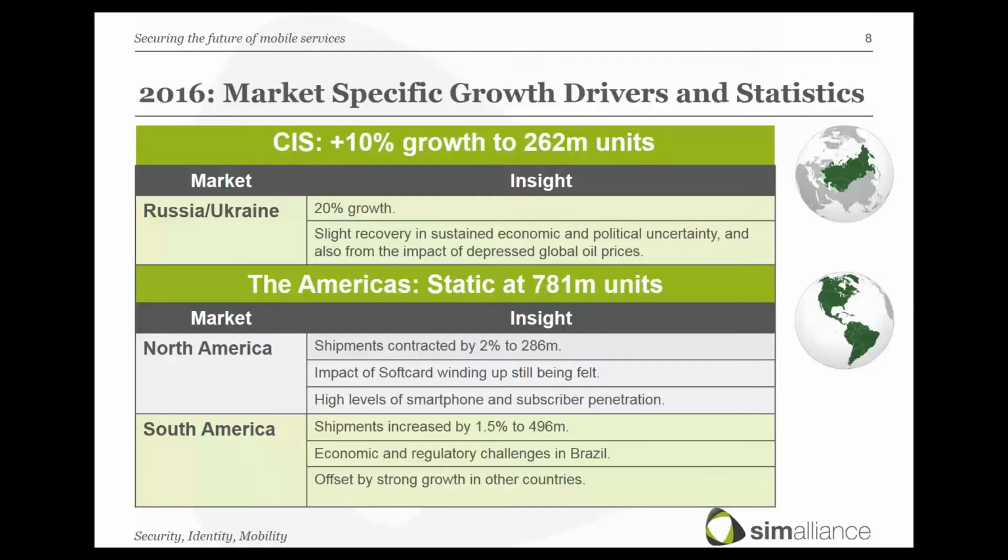And one problem child is Brazil, the economic and regulatory situation there, and the oil situation there is definitely still being a brake to the demand that could be there. But overall, America is a very reliable, stable market. So having a static 780 million units year over year. Next slide, please.